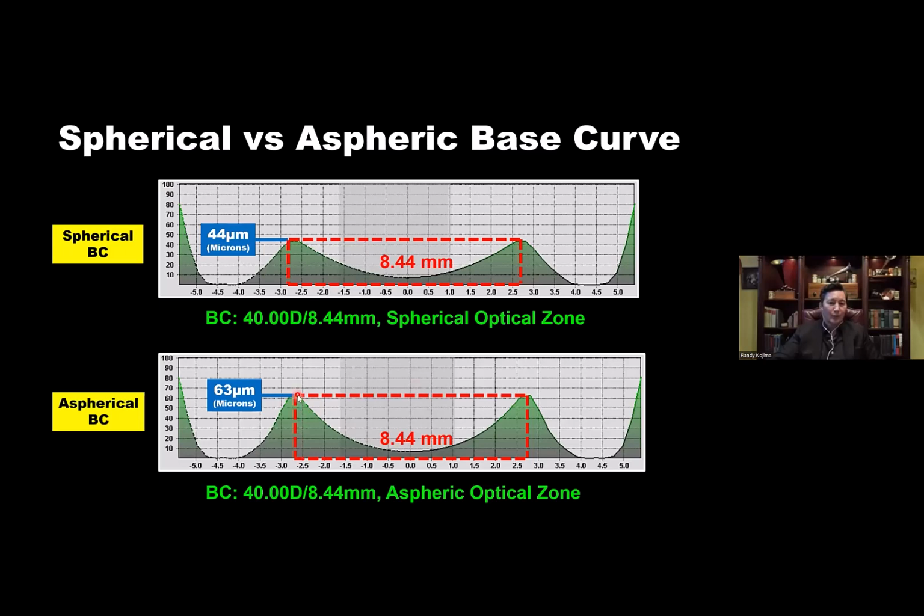Your tear reservoir depth is up by about 50%. We're at 63 microns. So by using an aspheric radii in the optic zone of the lens or the base curve of the lens, you can make that tear reservoir depth higher, giving you more hydraulic force, giving you a higher signal to slow down eye growth.